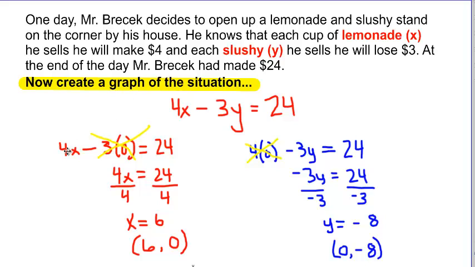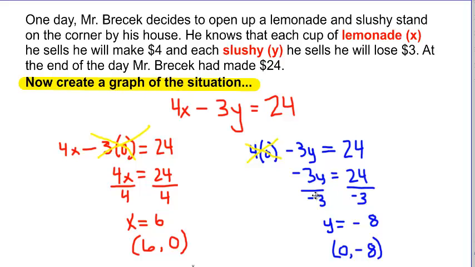Here we can see that for our x-intercept, we plug in 0 for y, so that part goes away, and we get 4x equals 24. If we divide by 4 on both sides, we get x equals 6, or the x-intercept (6, 0). For our y-intercept, once we plug in 0 for x, we get negative 3y equals 24.